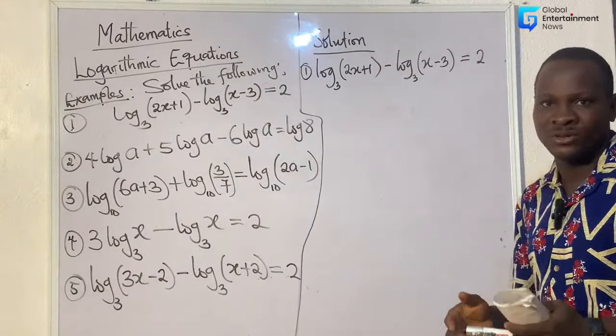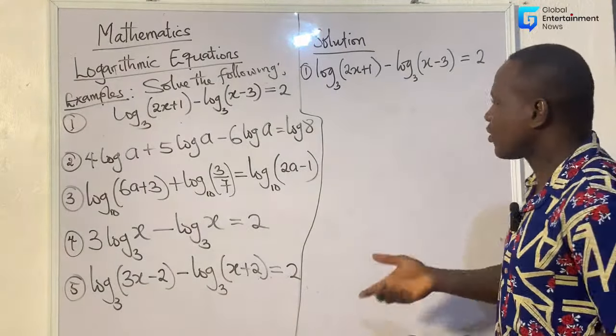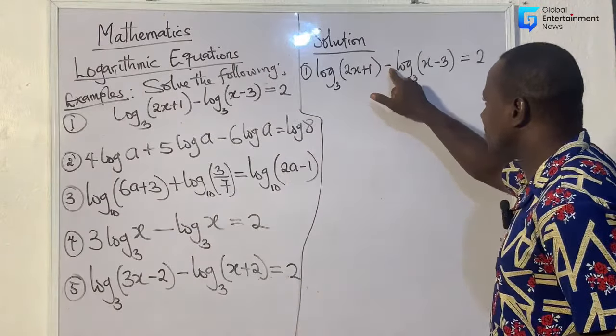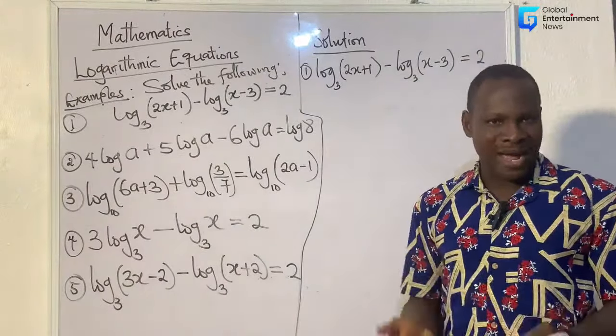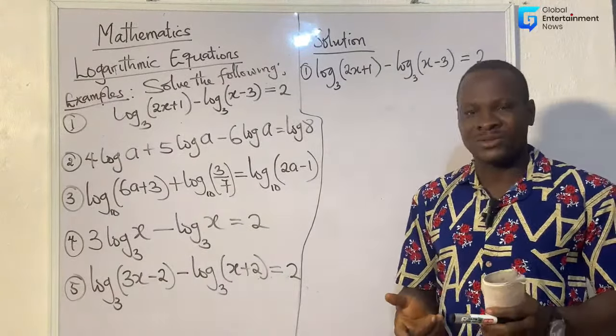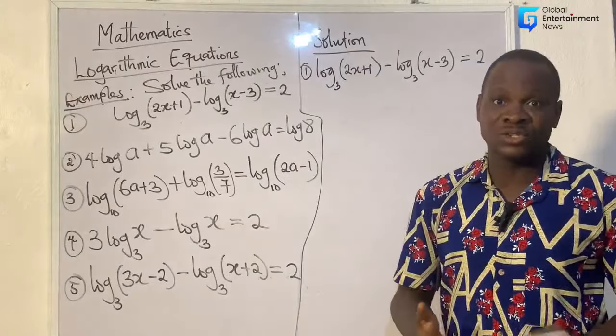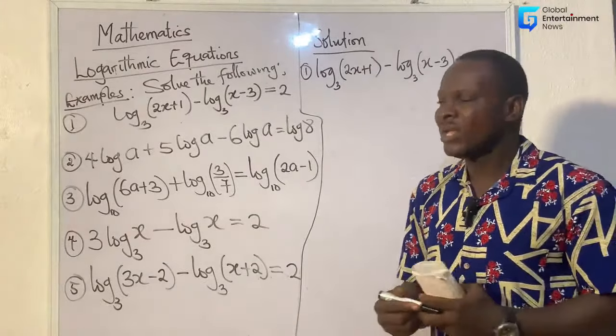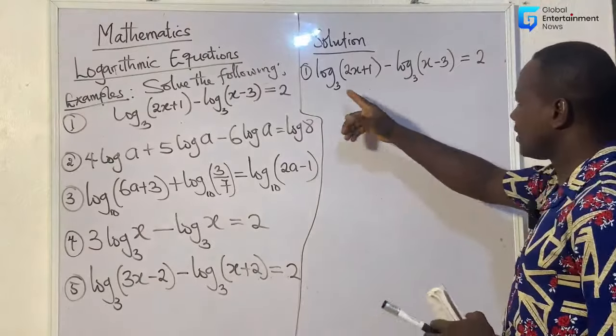Looking at this question, the basic operation we have here is minus. So what do we do to the minus? We turn it over and change it to division.